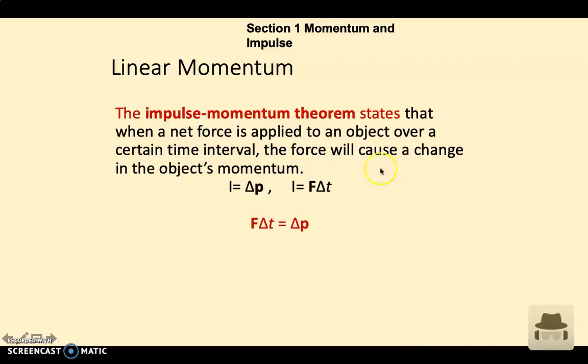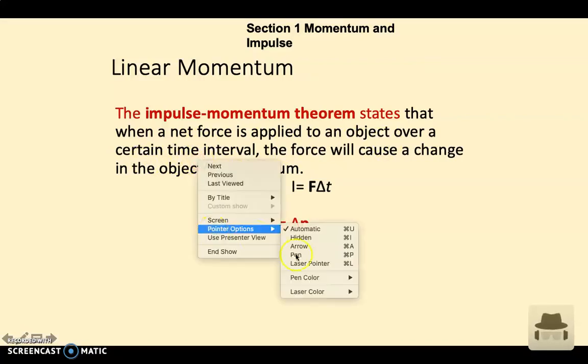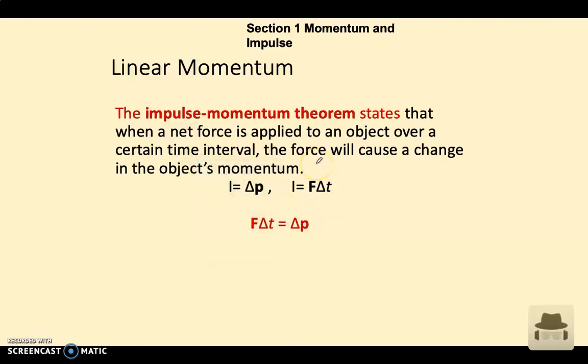The impulse and momentum theorem states that when a net force is applied on an object over a certain time interval, the force will cause a change in the object's momentum. Since impulse equals change in momentum and impulse equals force times delta t, I can say that force times delta t equals change in momentum, and this one we call the impulse and momentum theorem. And actually this is a second form of Newton's second law.